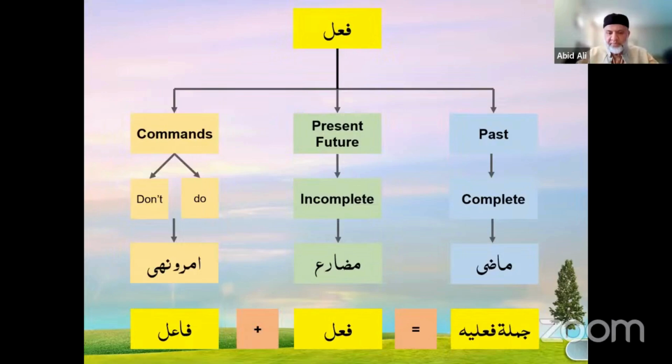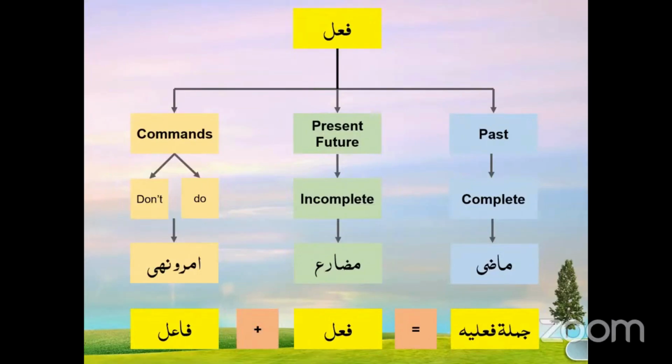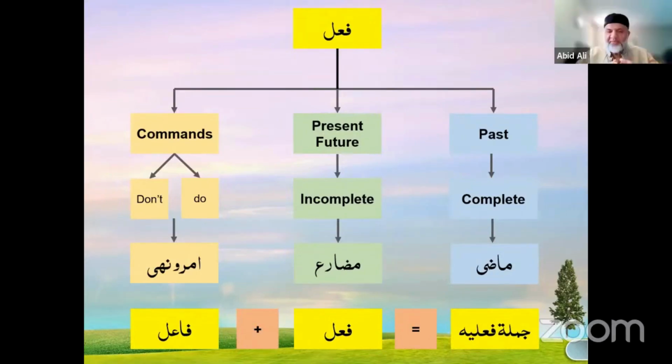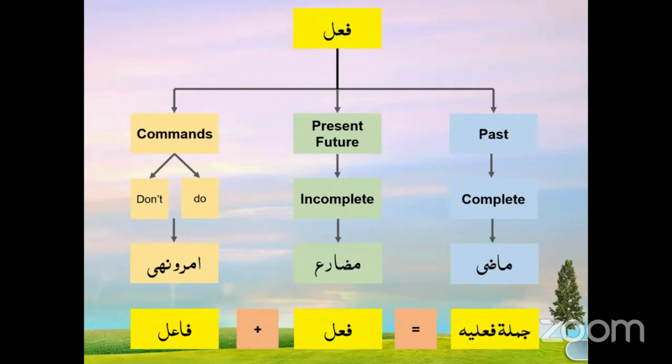So the fa'il is the verb, and the fa'il is the person, noun, or thing which is doing the action. If I say I ate dinner, who is the fa'il, the doer of eating? I. Yes.